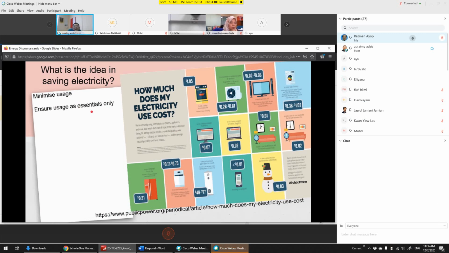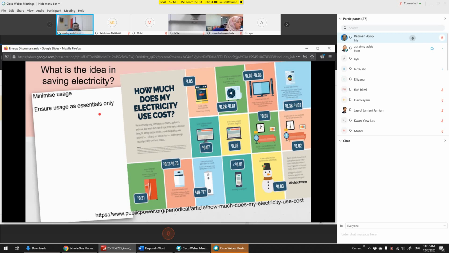Gunakan penggunaan ini khas untuk yang perlu, right? Just like our PKP, only the essential services are allowed to operate. So that's how we would like to use electricity. Guna untuk yang penting saja.